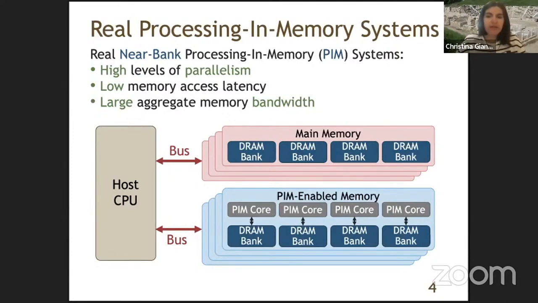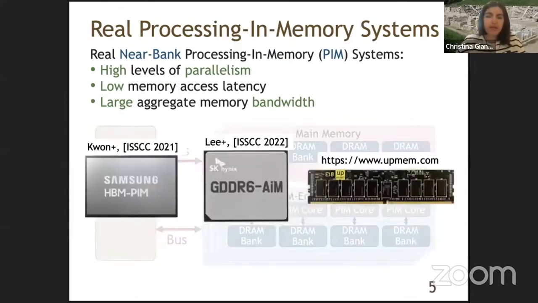As a result, these real PIM systems can provide high levels of parallelism, low memory access latency, and large aggregate memory bandwidth, thereby being a very good fit to accelerate the SpMV kernel. A few real near-bank PIM architectures are Samsung's HBM-PIM, the SK Hynix AiM, and the UPMEM PIM system.